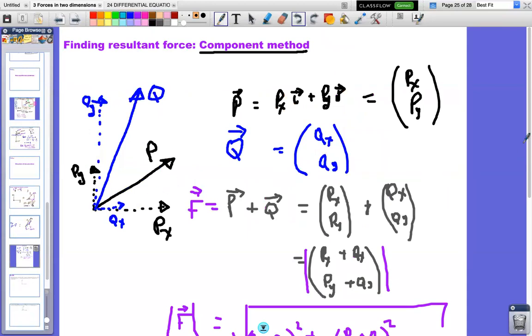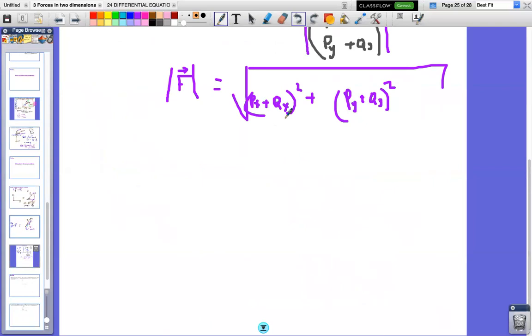So to find the angle it makes with the x-axis, we just have tan phi. Let's call the angle phi. Tan phi is equal to (Py plus Qy) over (Px plus Qx). So that is very easy to find.